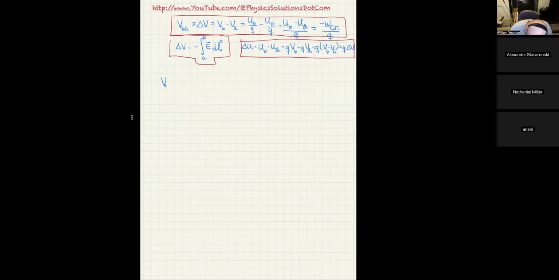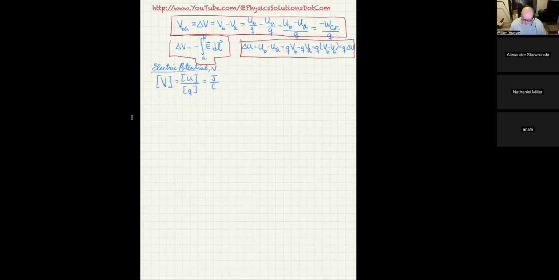So that's the electric potential V that we're talking about. And the units of the electric potential are obviously the units of the potential energy divided by the units of charge. Well, the unit of potential energy is joules, and the unit of charge is coulomb.